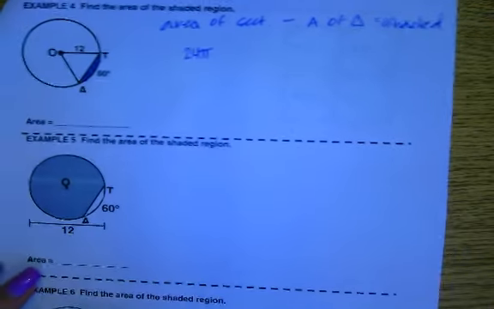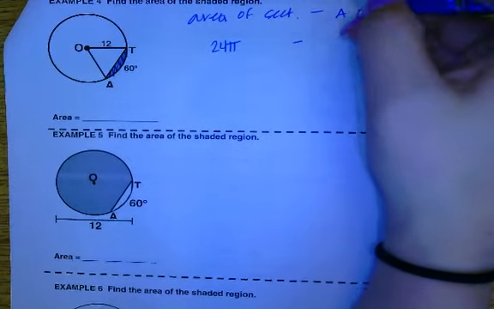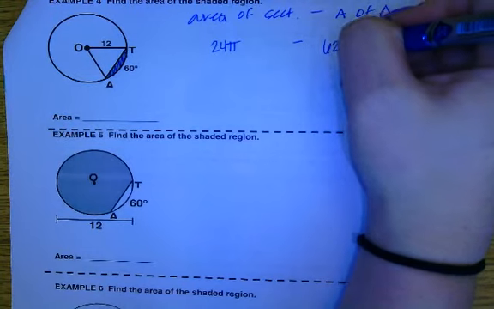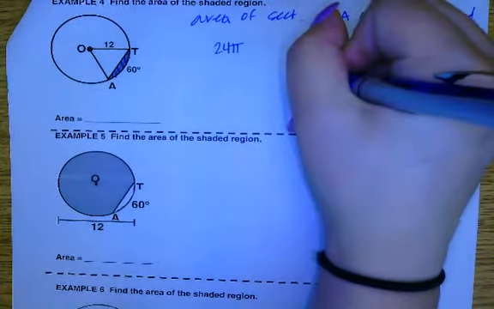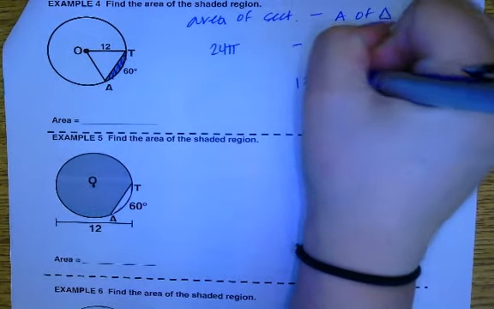Okay, area of the triangle is what? Very good. And your shaded area then was what? 14.04. Sweet. Extra practice if you did it twice. If you figured it out, hopefully you moved on to example 5 or something.